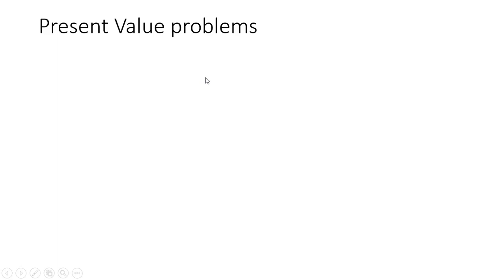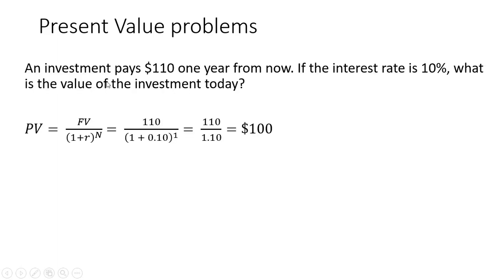Let's do some present value problems now. An investment pays $110 1 year from now. If the interest rate is 10%, what is the value of the investment today? So the future value is 110. 1 plus the interest rate. Here we've got 0.1.